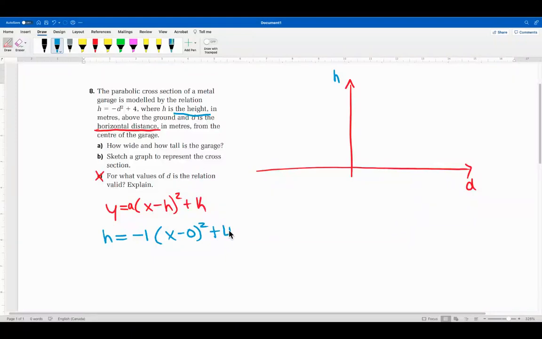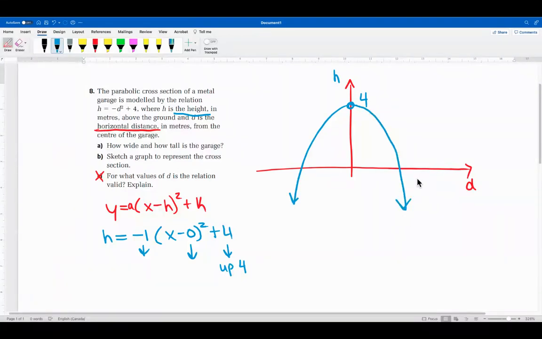So what's this saying? You're not shifting left or right, but you are shifting up 4 units, and this -1 just means that you have a reflection. So take your vertex, which is normally at 0, 0, shift it up 4 units, and reflect it.